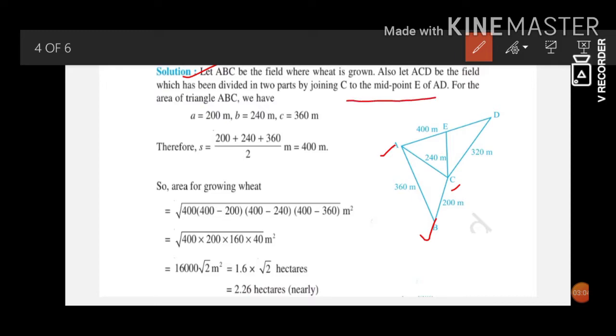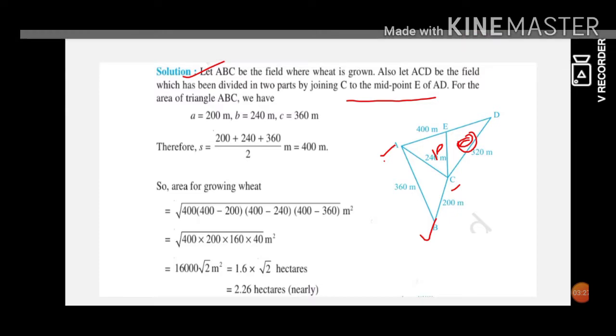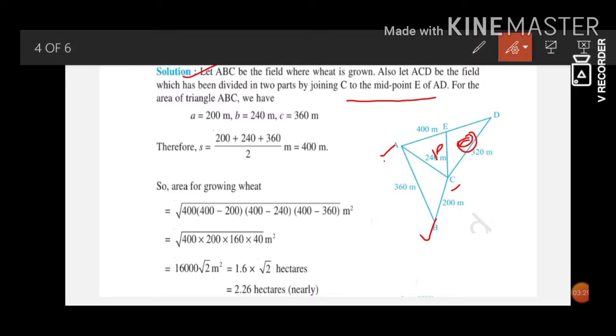AD is the longest side, and in the question it is said that a line is drawn from the longest side to the opposite vertex, which divides ACD, the big triangle, into two parts, where in one part potato is grown and in another part onion is grown. So first we are going to find the area of the triangle ABC.